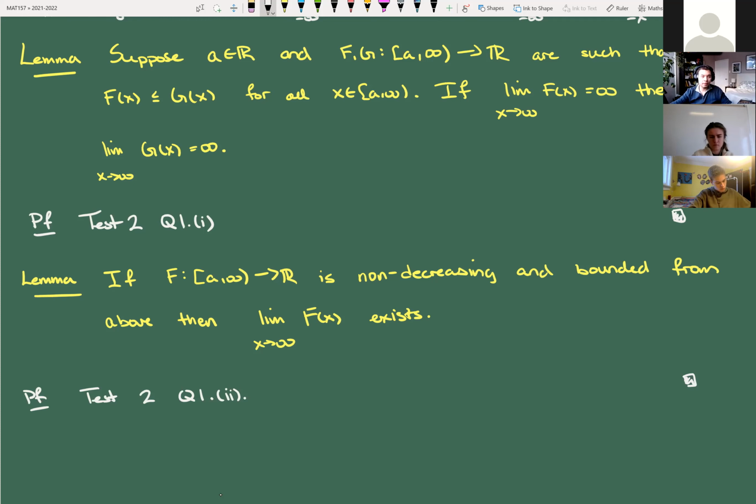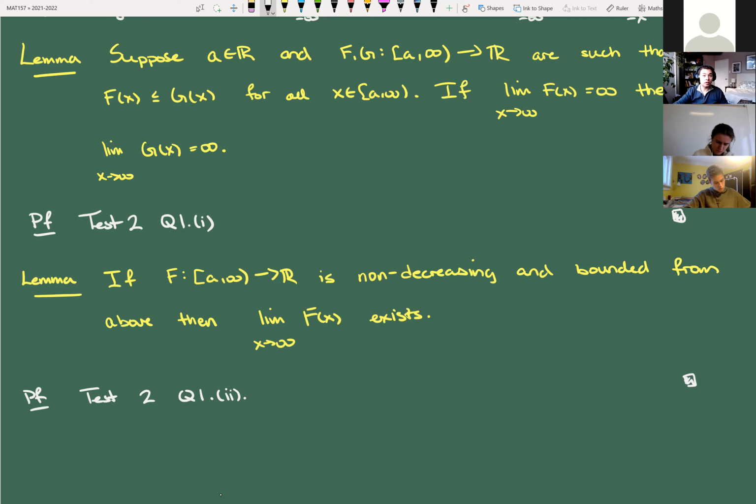The second thing in particular, I really do recommend that you reprove the second lemma, even if you don't worry about the first lemma, whatever. The second lemma, though, is definitely worth redoing. When we get into sequences and series, this lemma is going to reappear. We're going to talk about a sequence. We're going to say if a sequence is non-decreasing and bounded from above, then it has a limit in exactly the same sense. And the proof is identical. This theorem is so important in sequences that it has a name.